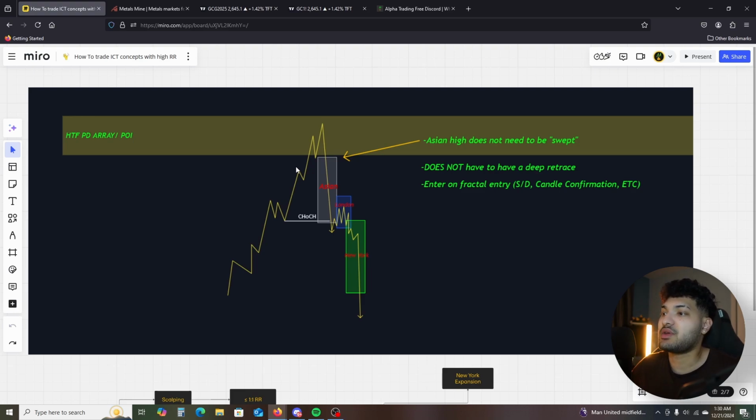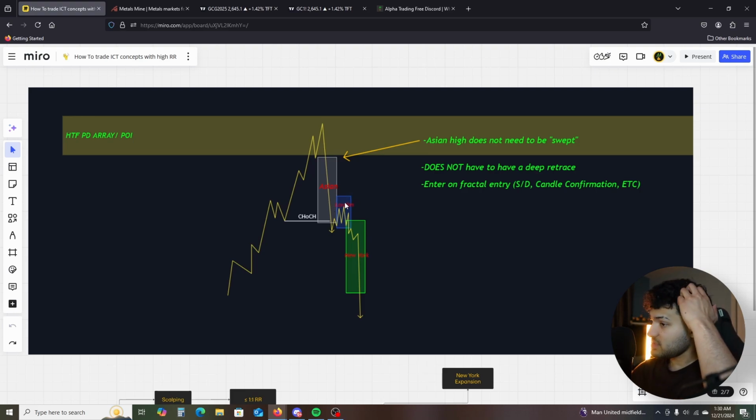The 4-hour weekly narrative. And when price does this and it closes below that extreme swing low, okay, that is called a change of character. Once that change of character has happened, that signifies the market is shifting on the lower time frame now to the downside. Okay, excuse me, on the higher time frame, but now also on the lower time frame.